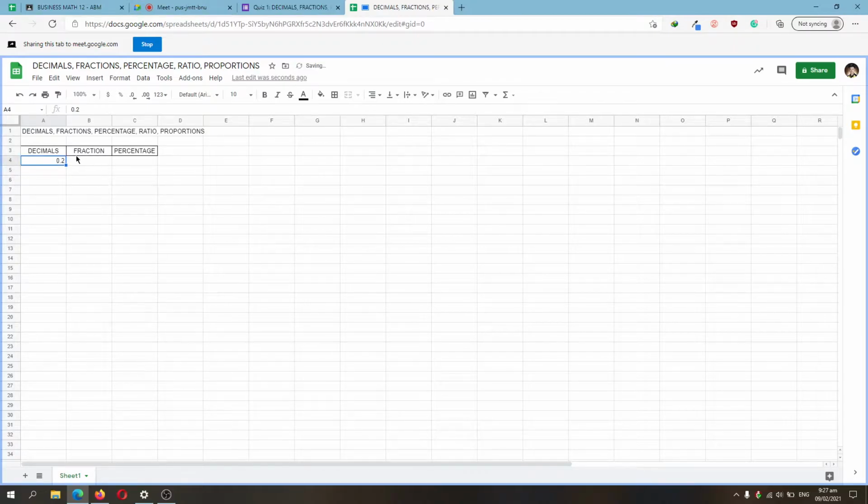Okay? So, kung 0.2 yung ating decimal, paano natin gagawing percentage? Saan magmo-move yung tinatawag natin na decimal place? So, if it is decimal, pupunta siya sa percentage. Ang gagawin natin, move going to right.